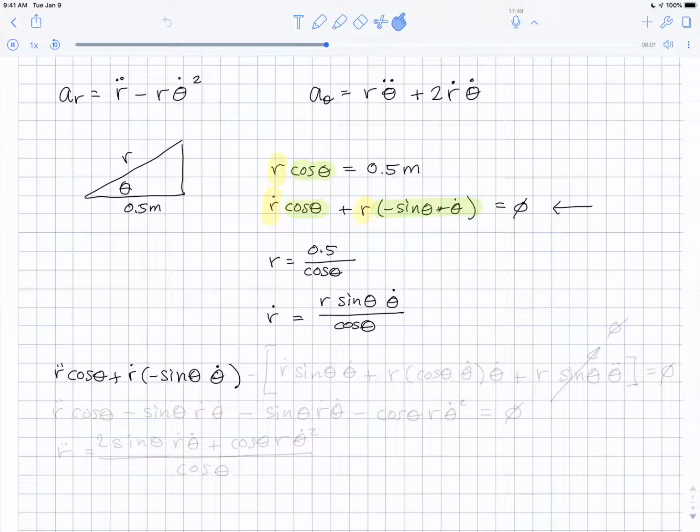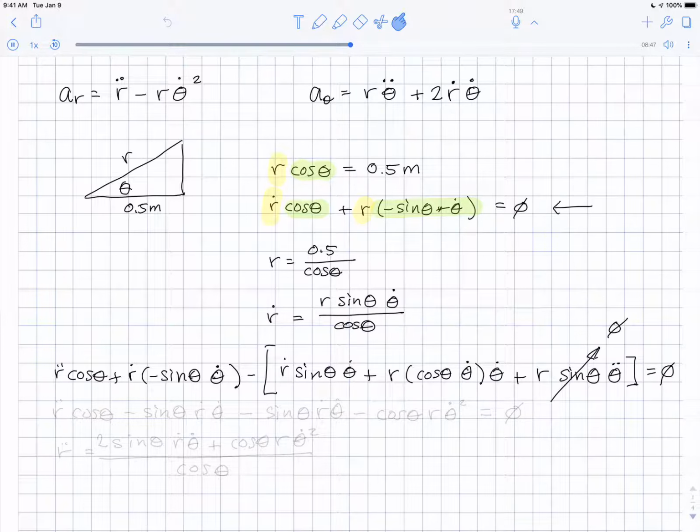I'm going to bring that negative sign out, so it's minus this whole thing: r dot sine theta times theta dot, plus r times the derivative of sine theta, which is cos theta, and by the chain rule another theta dot times theta dot, and finally plus r sine theta theta double dot, but theta double dot is 0. And that all equals 0.